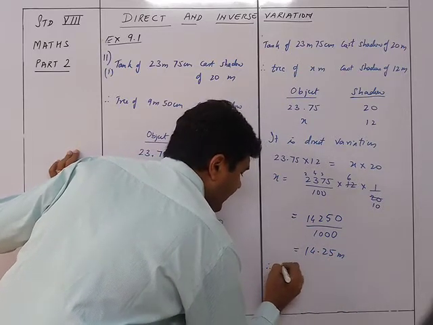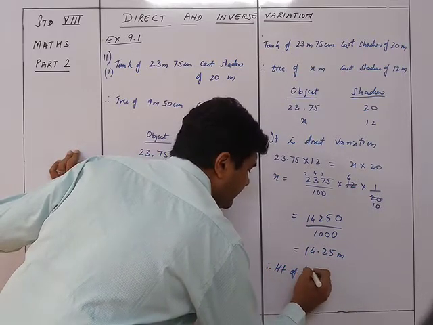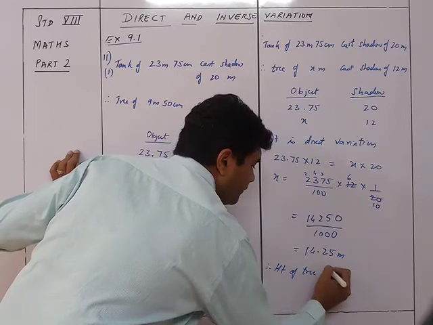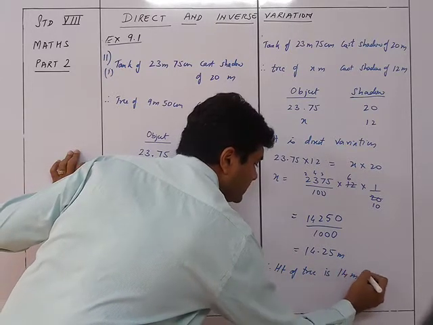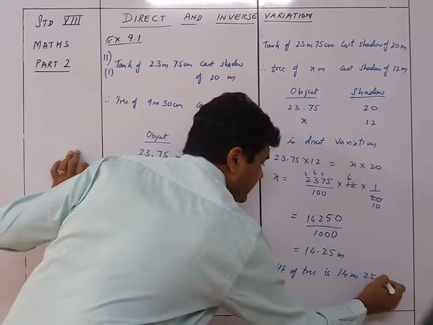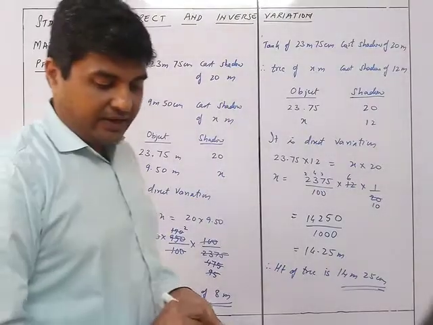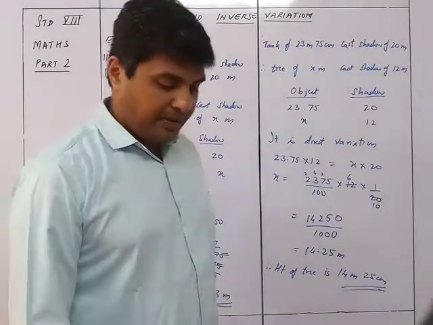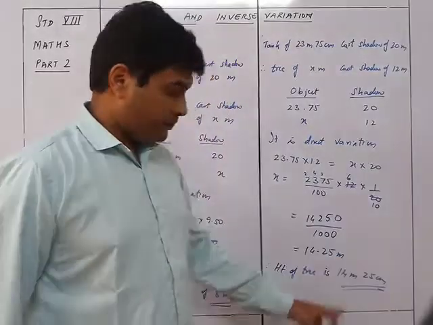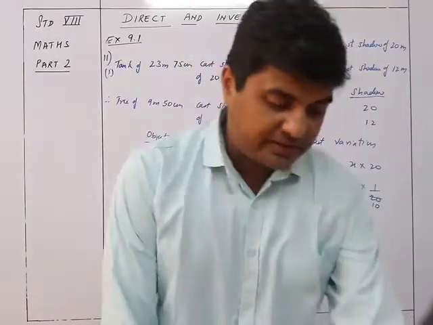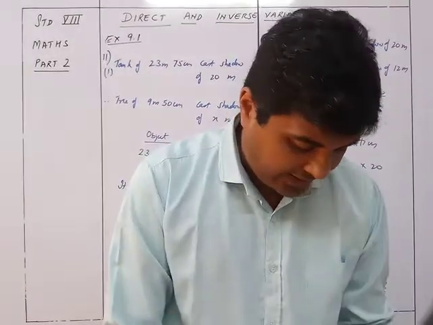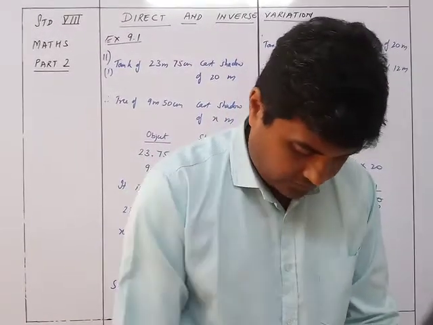Therefore, height of tree is 14 meters 25 centimeters. Okay, that was the height of the tree as 14 meters and 25 centimeters.